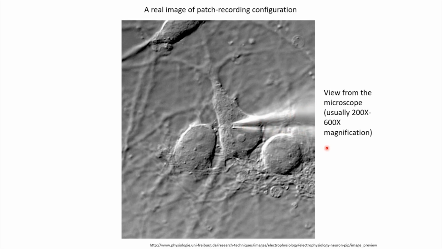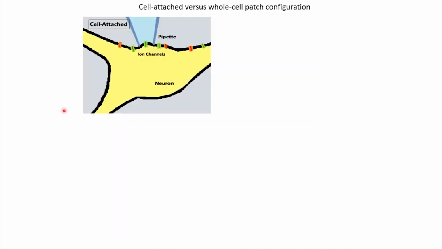Therefore, the farther you go, the more out of focus it becomes. Now this tip size is about a micron here, and this size may still contain many ion channels within that region. So if you want to record from a single ion channel, you probably want to have an even smaller tip size. The patch recording can be performed in various configurations.